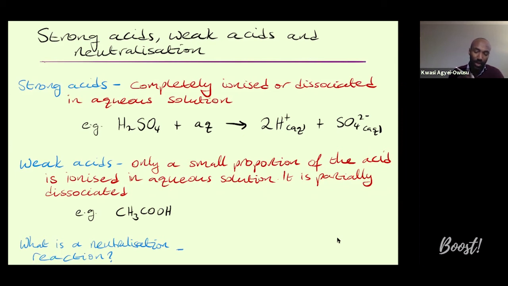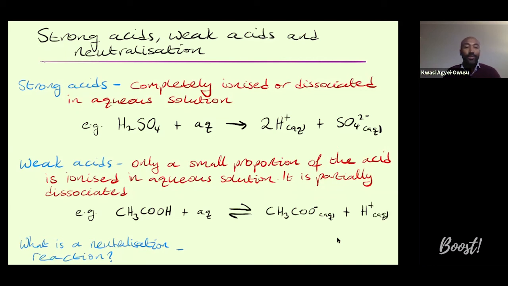And if you were to dissolve this in water, what you would find is that an equilibrium is established between your ethanoic acid and ethanoate ions, so CH3COO minus, aqueous, and H plus ions.